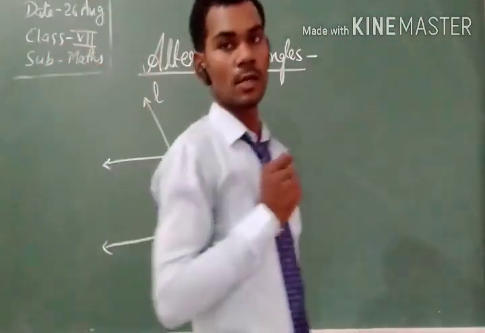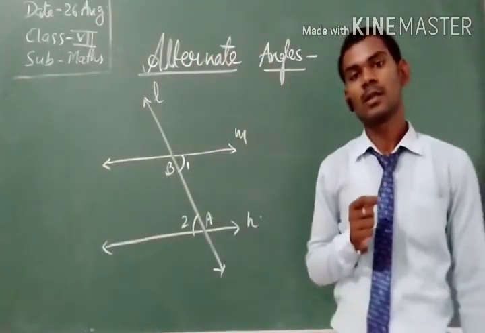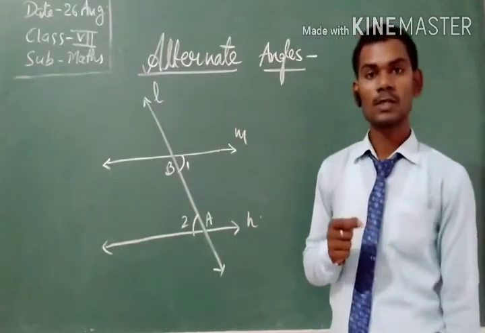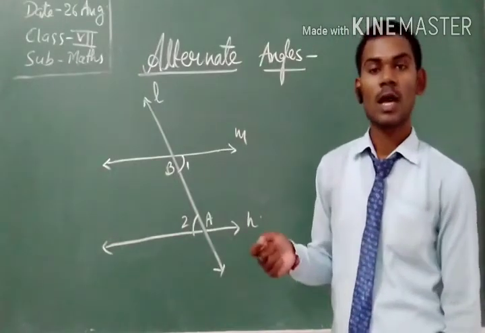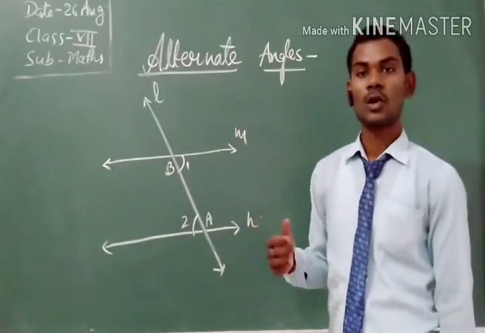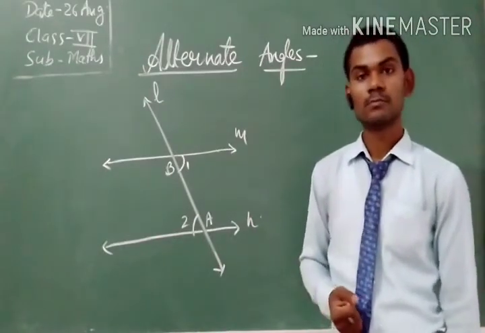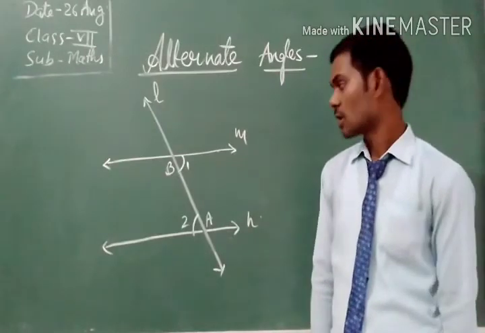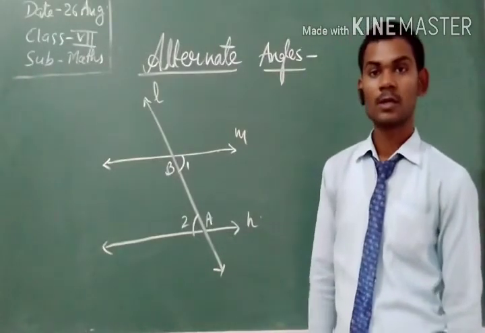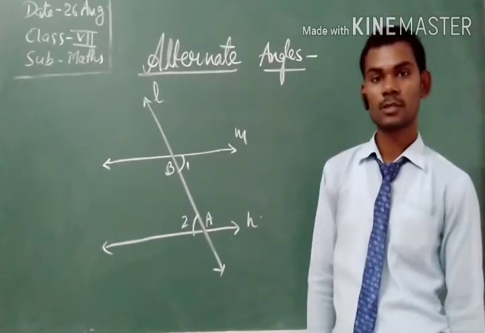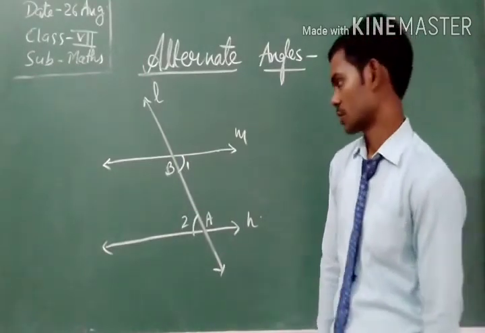We say that a pair of angles are said to be alternate in which one arm of each angle is on the opposite side of the transversal and the other arm of each angle is formed by the transversal, pointing in the opposite direction.